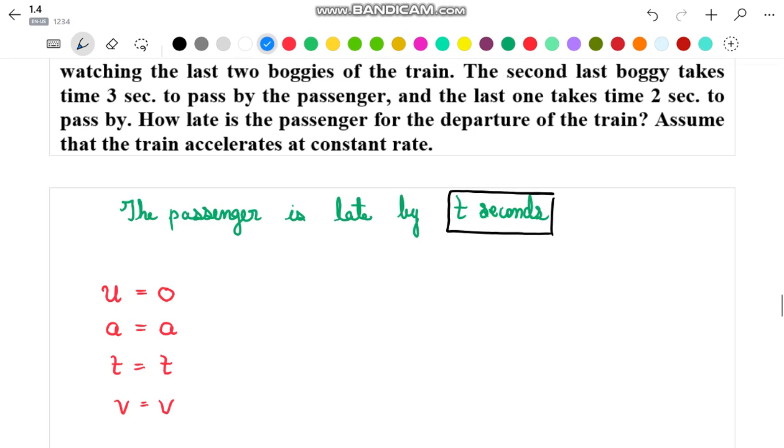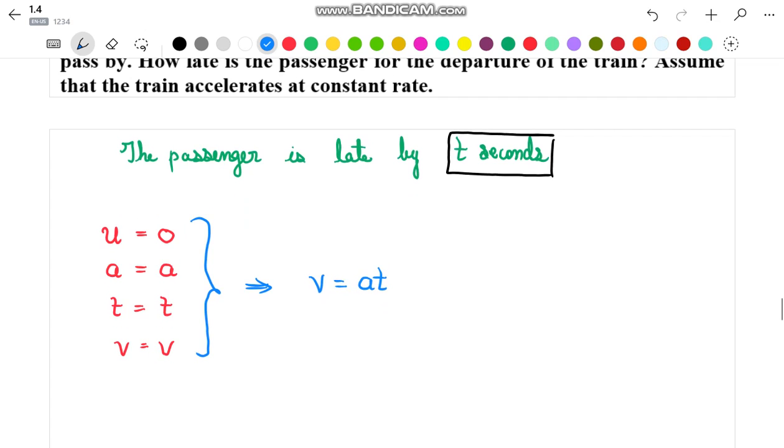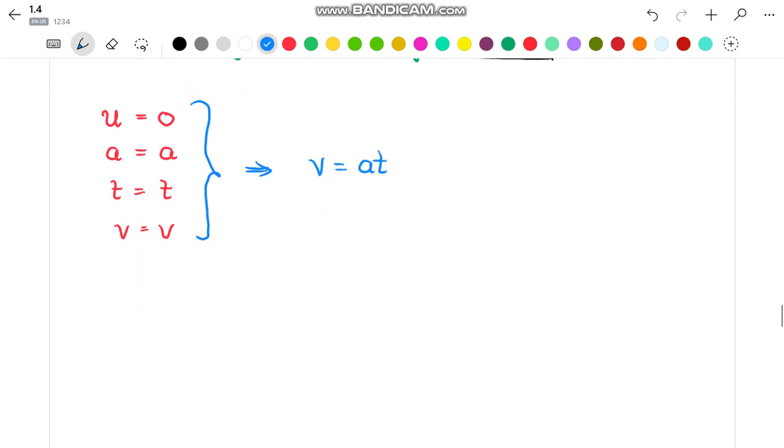So with the help of first equation, I can directly write v equals u plus at. Now let us shift our entire focus to the second last bogie. As soon as the observer starts or the passenger starts observing the second last bogie, he is going to see the speed of the second last bogie as at, the value which we have already found.